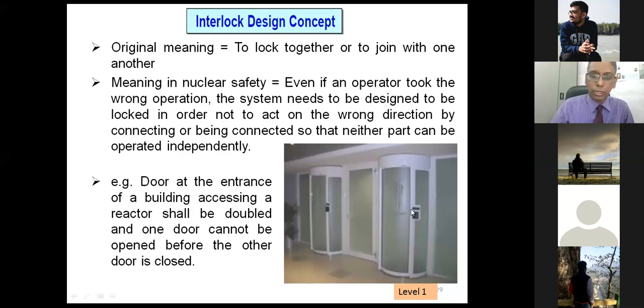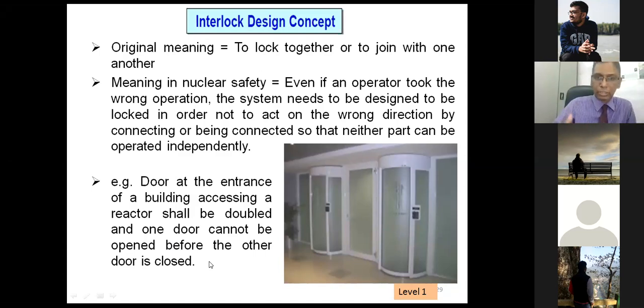So this door will be closed before the other door opens. You are entering from this side and leaving from the other door. So that door will open when the entry door is closed. That's why it is called one door cannot be opened before the other door is closed.